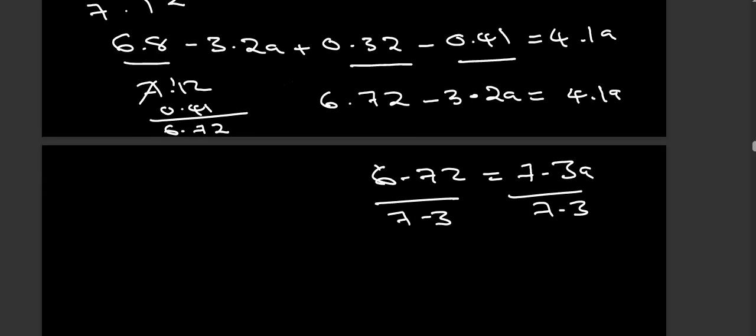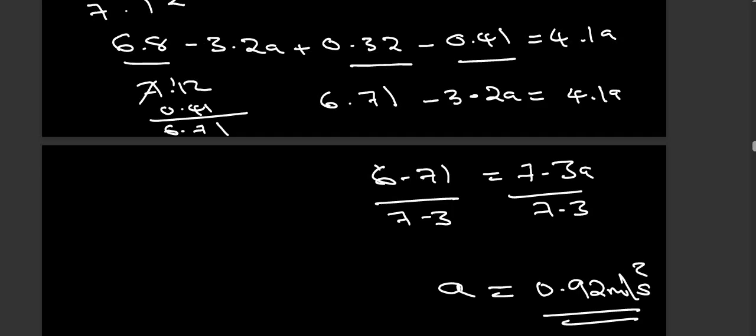So if you divide 6.71 by 7.3, what do we get? Okay, 0.92 meters per second square, that's your acceleration.